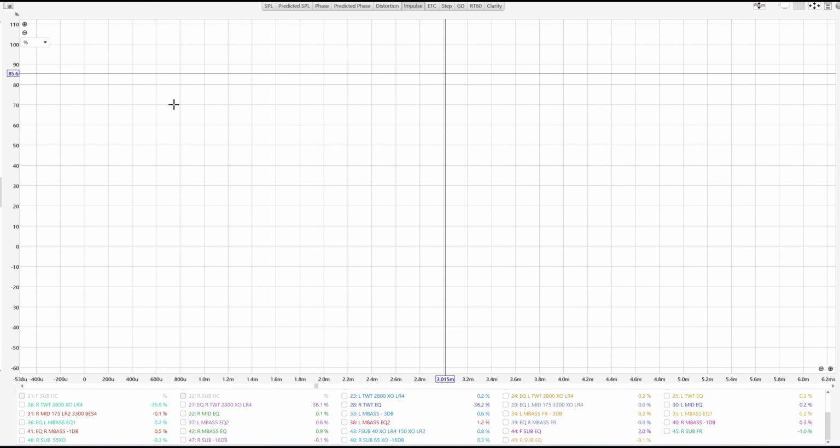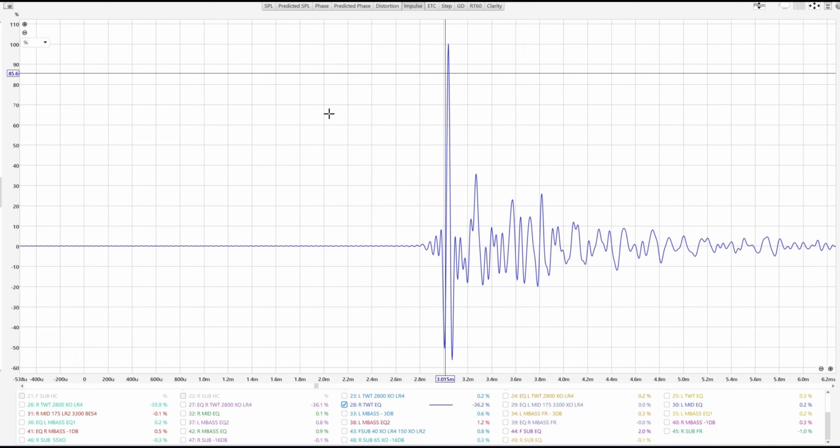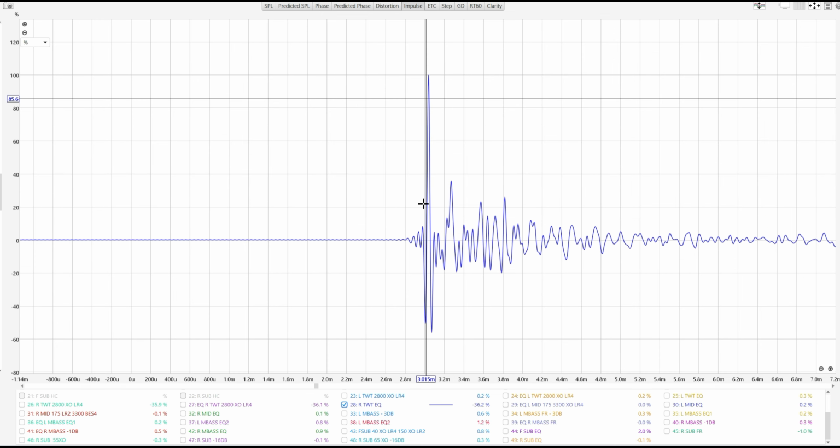Okay, the next thing I'd like to look at while we're on the impulse response screen is the shapes of the different impulse responses. So let's start with a tweeter, and this is a typical tweeter impulse response. It's got a very sharp, well-defined peak, and it's pretty compact.